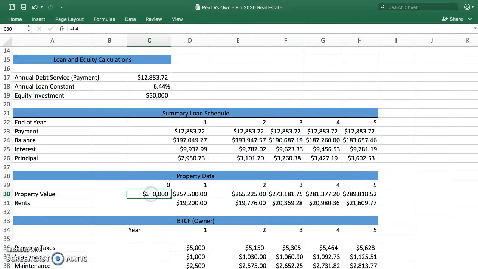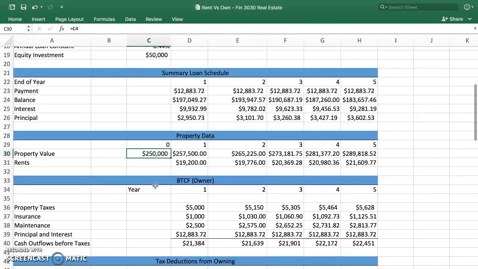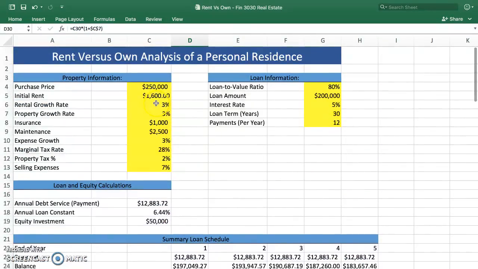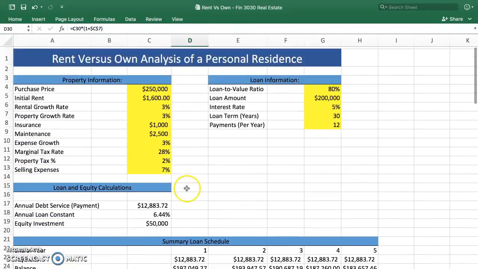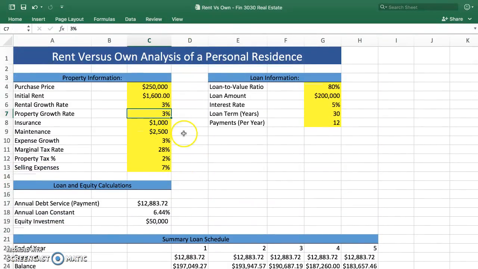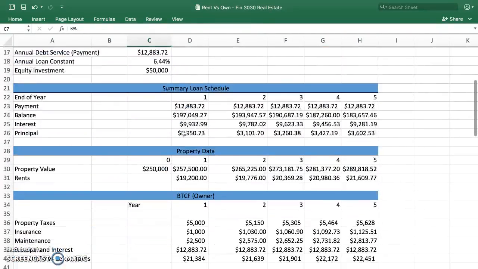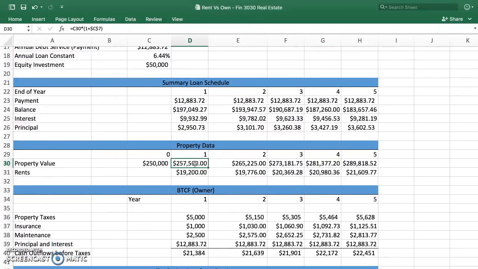The property value is going to begin at $250,000. That was given. And then the first year, this is going to go up because of the property growth rate of 3% right here. That's important to remember because it's going to go up every year.